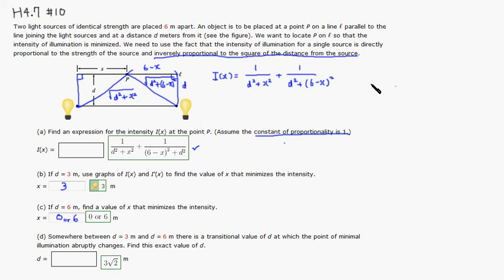All right, so let's look at the I of 0. So I of 0 is equal to, you plug in 0 here, so you're going to have 1 over d squared, then plus 1 over d squared plus 6 squared, which is 36.